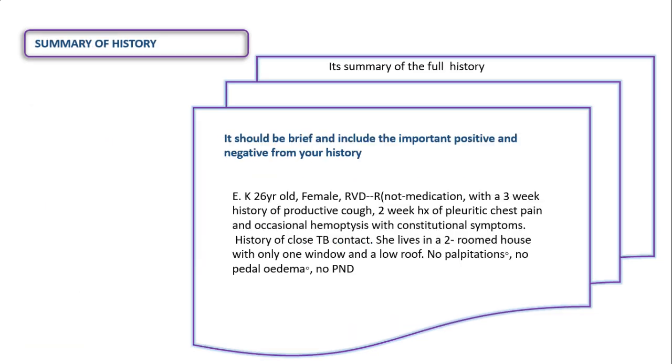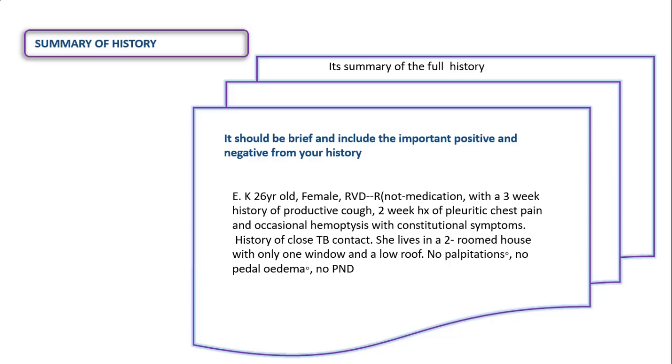Ask about sexual history and recent travel. Then the summary. Now I'm going to summarize everything you have asked, just to be brief, to include the positives and the negatives, the important things. So in this summary, we are going to use medical terminology, since now you are presenting your final evaluation of the whole interview with this patient.